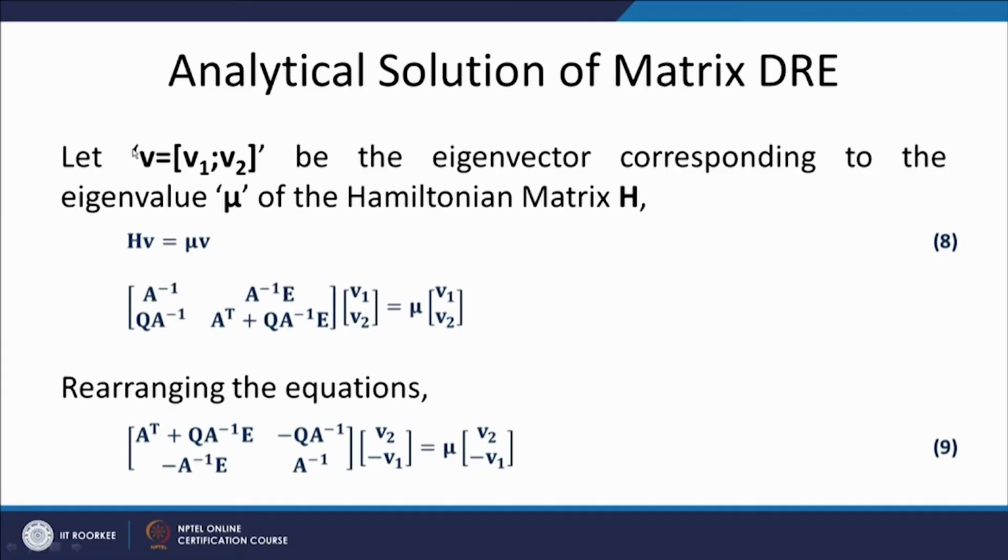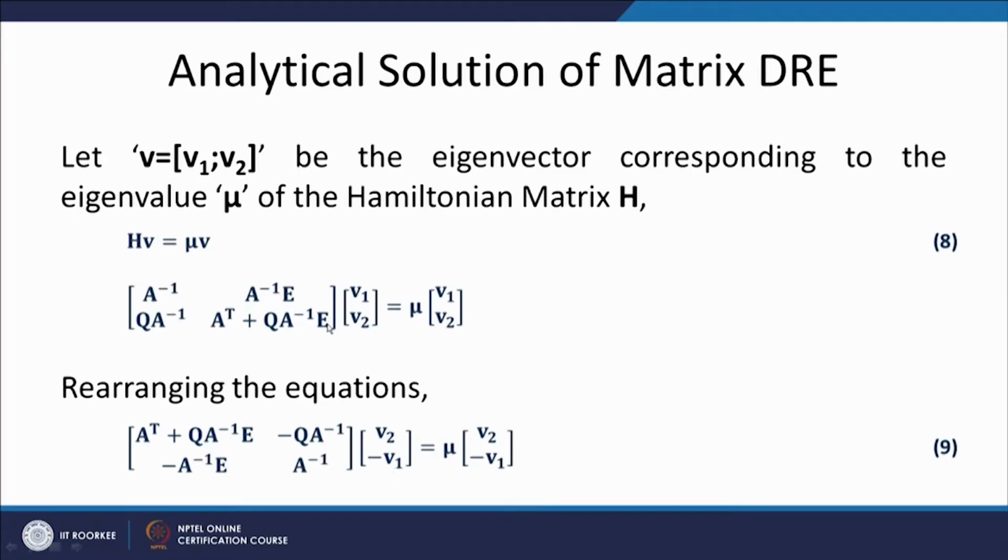V is my eigenvector corresponding to the eigenvalue mu. We have the equation H V equal to mu V, which has to be satisfied if V is the eigenvector of mu. We write H multiplied with V as mu V1 V2. In the next step, you can follow yourself. We are rewriting the same equation in a different form. How? We write this as V2 minus V1.